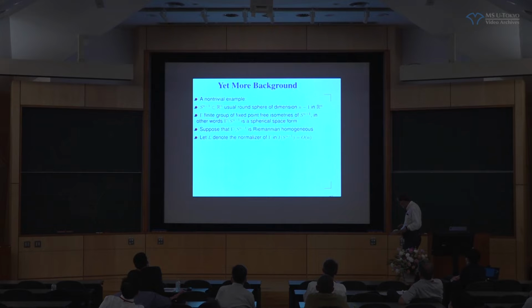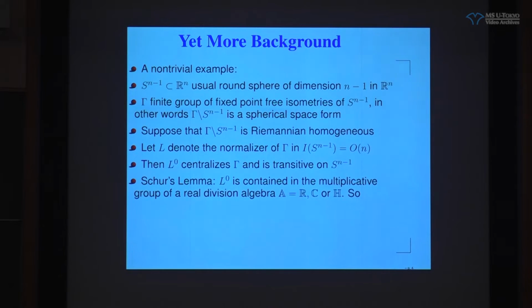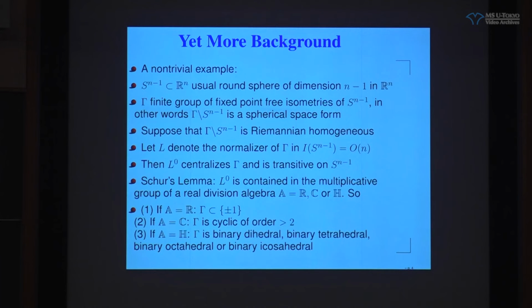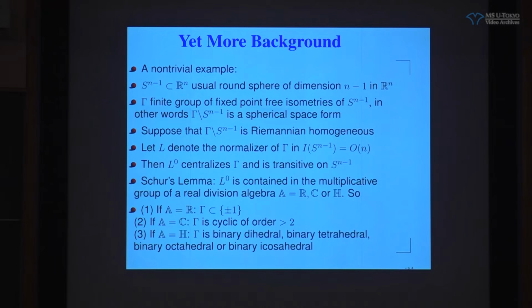So we have Schur's lemma, which tells us that the identity component is contained in the multiplicative group of a real division algebra, which of course we know very well is the reals, the complex numbers, or the quaternions.